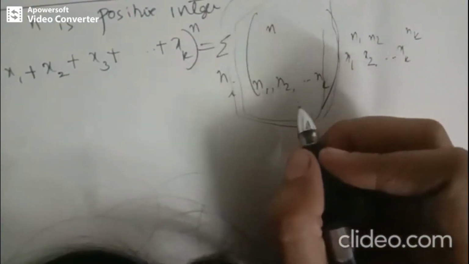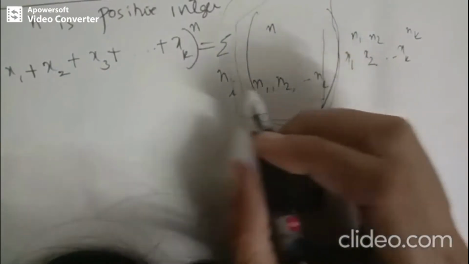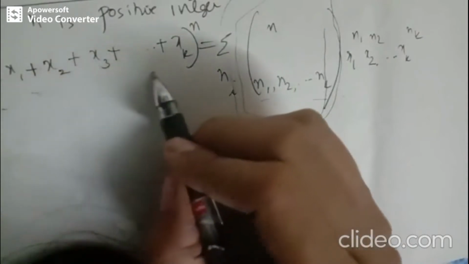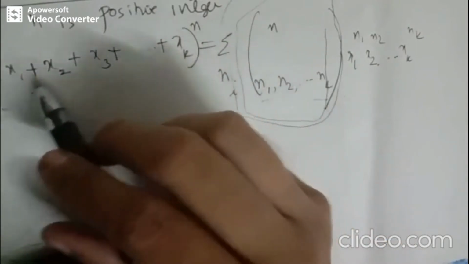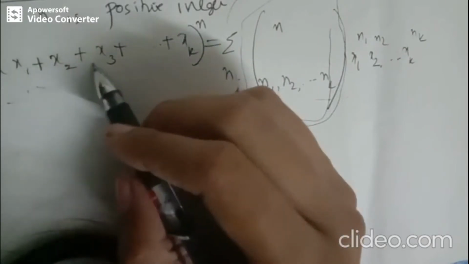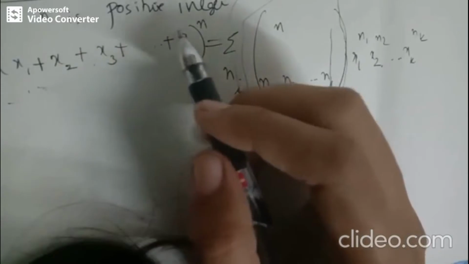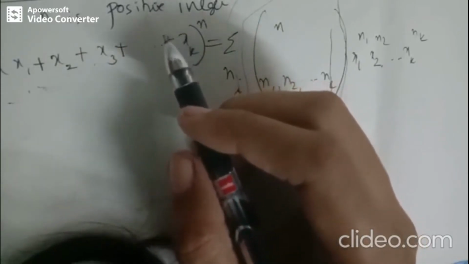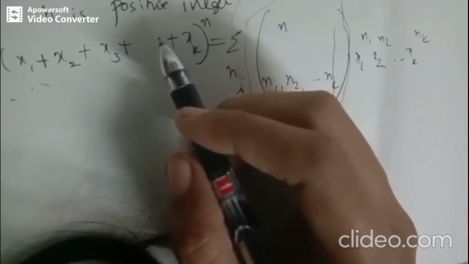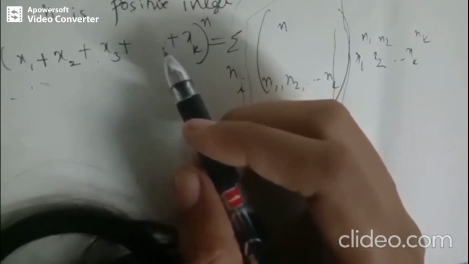Whenever we have many terms n1, n2 up till nk, and a question is given in this form, let's say for example x plus 2y minus 3z plus 4u and so on, whole raised to 12, first of all, we can clearly determine that it is a multinomial term, or that it belongs to the multinomial theorem.